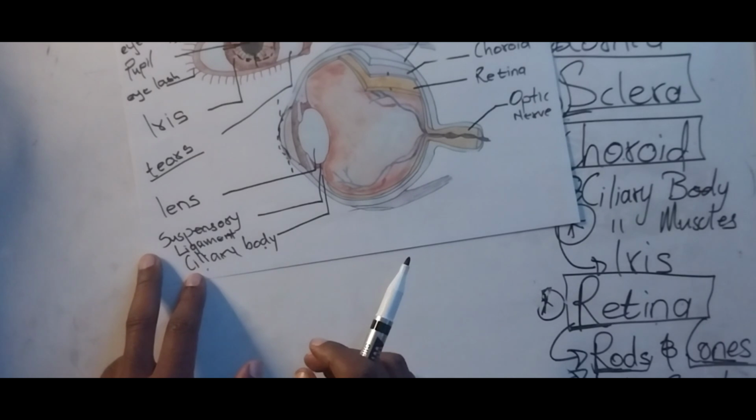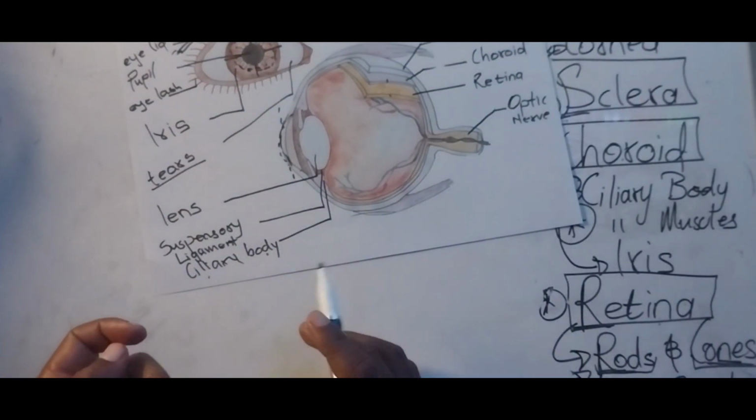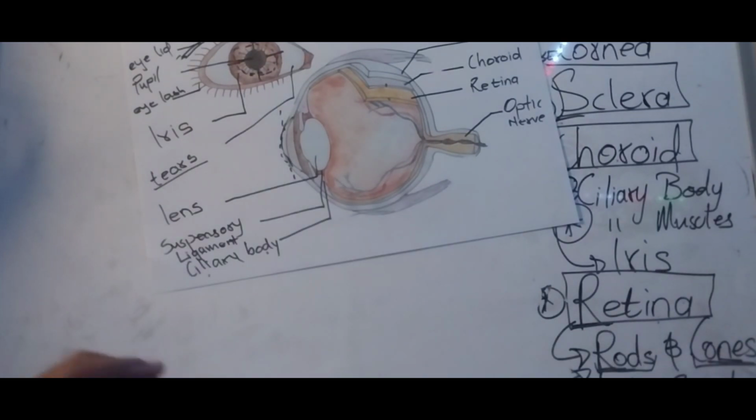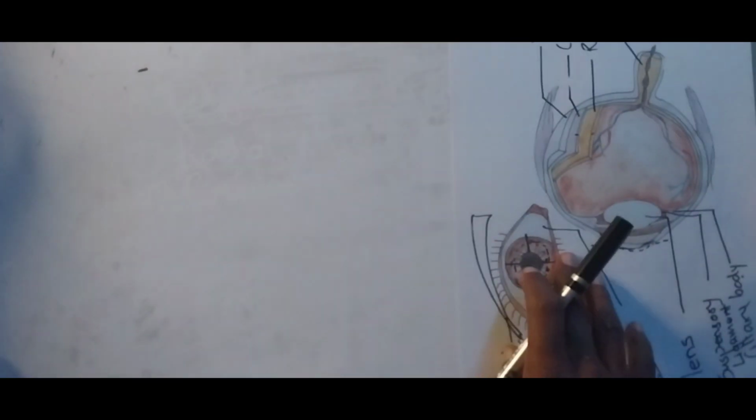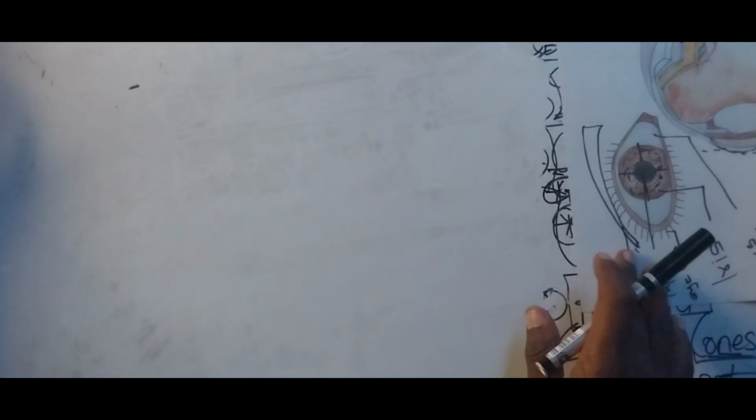Those are the things that we focus on. So now, in accommodation, what are we talking about? In accommodation, we are talking basically about what happens to the eye when you look at something in a long distance or in a short distance.